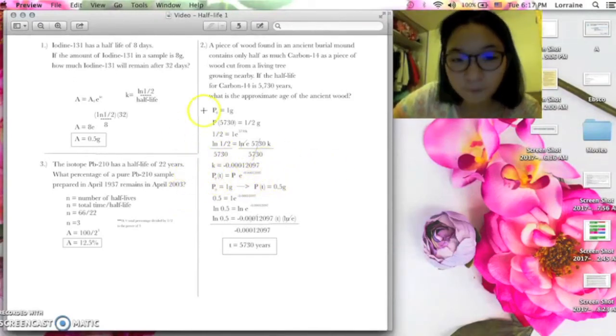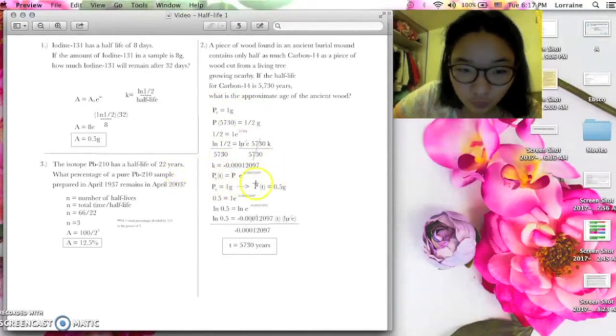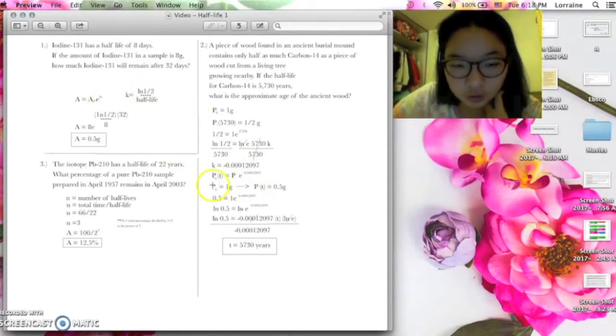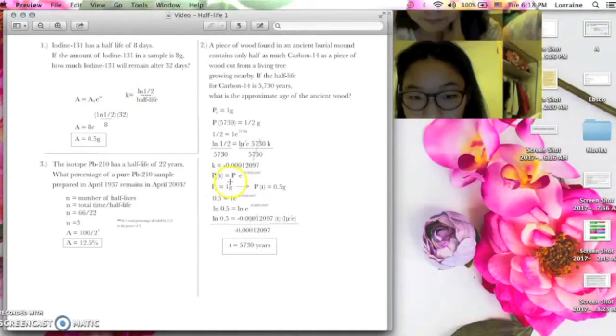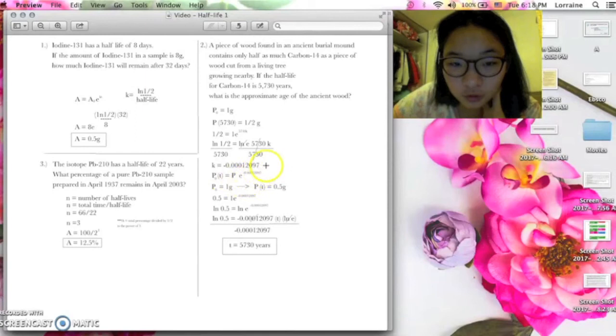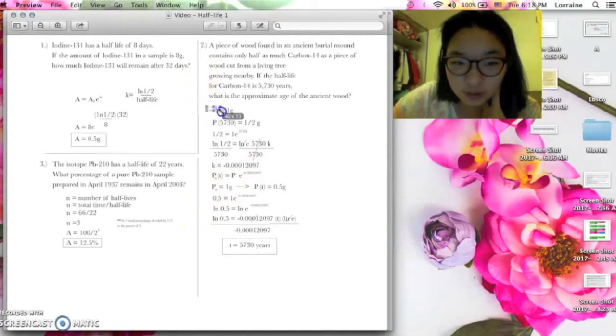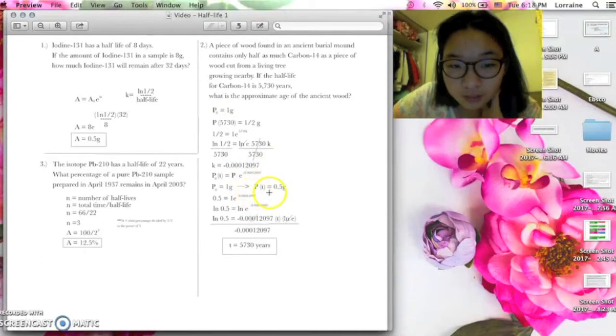After that, once again, we solve through another equation derived from the original equation. So P sub 0 times t equals P times e to the exponent of our k. P sub 0 is 1 gram, and P of t equals 0.5 grams.